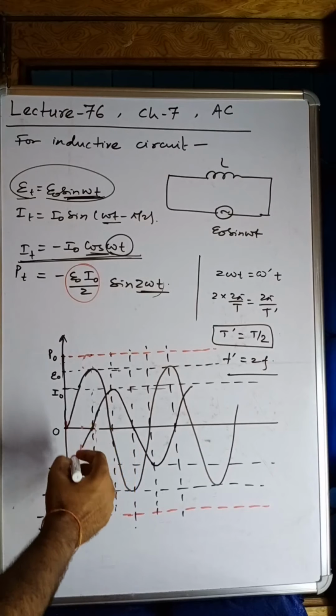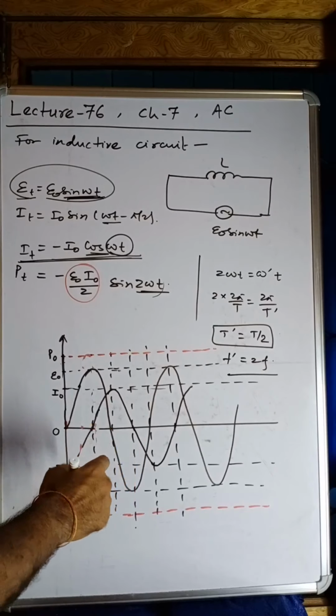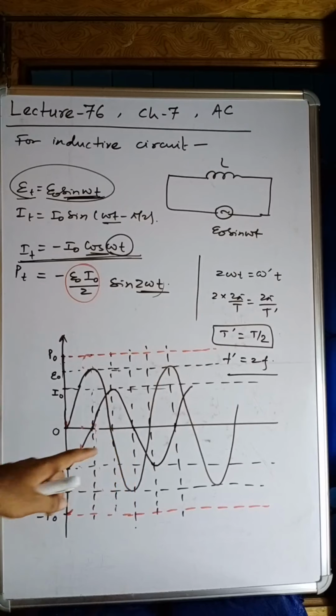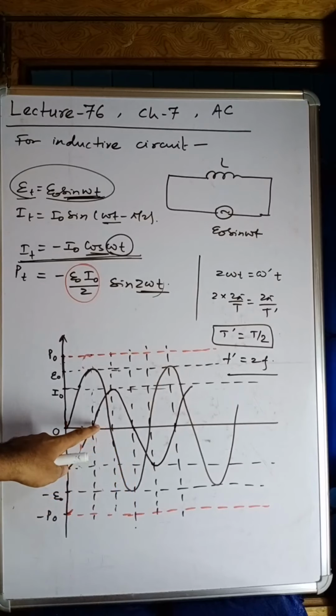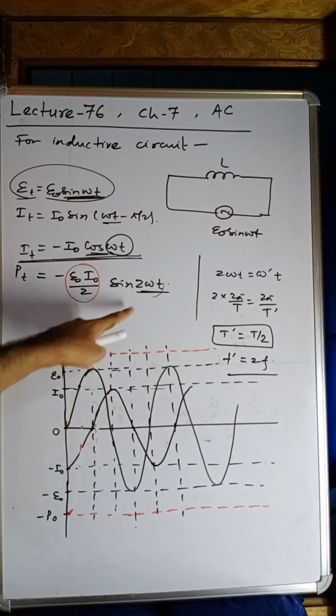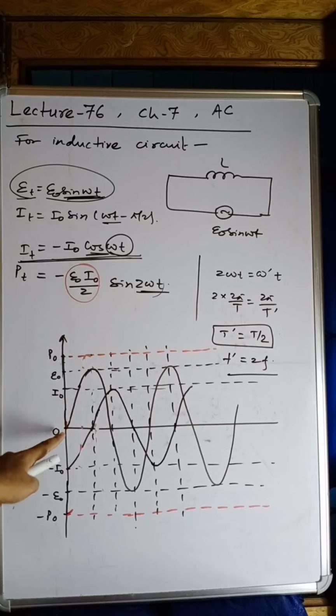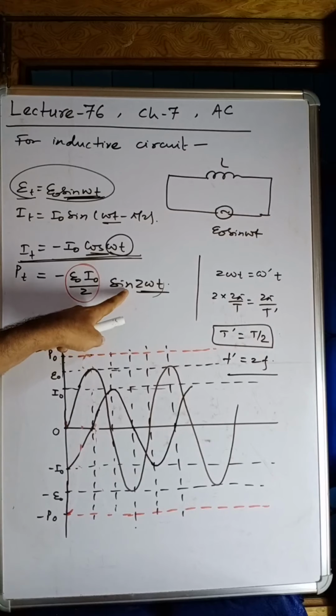From here we will start and we'll go to the 0. Look at here carefully. 0 will be here because it is the graph of sine, I have started from here. That's what was wrong. It is the graph of sine.